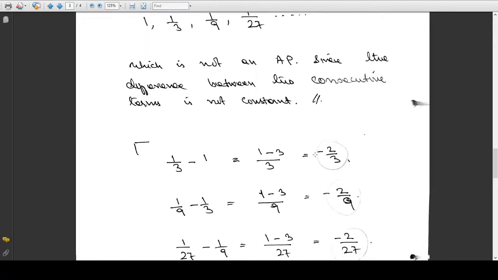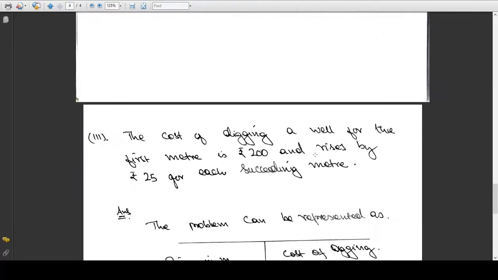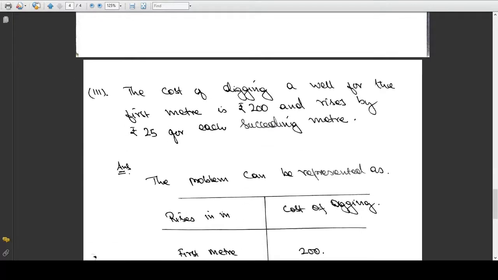Now the next one is number 3. The cost of digging a well for the first meter is 200 rupees and rises by 25 rupees for each succeeding meter. Let us represent this whole situation in the form of a table.